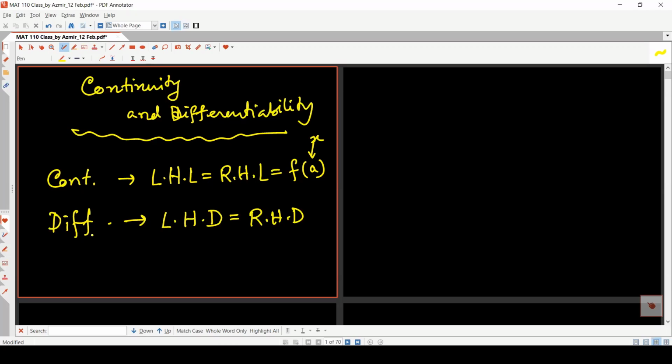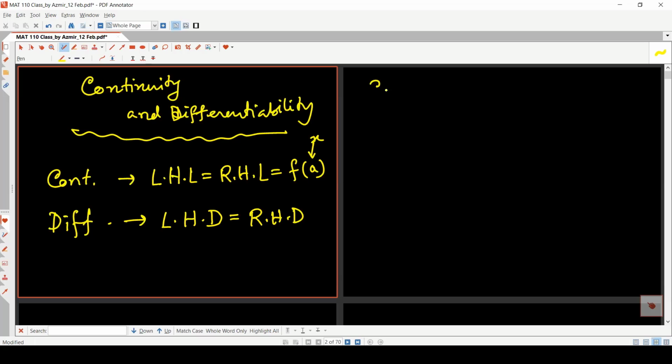A function will be differentiable if left-hand derivative and right-hand derivative both are same, then we can say that the function is differentiable. So let me write the notations for left-hand limit, right-hand limit, and left-hand derivative and right-hand derivative.